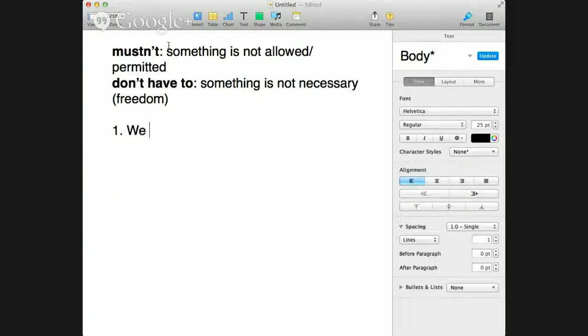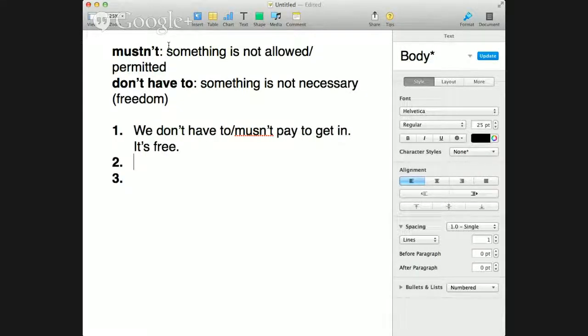Number one. Let's have a little think about them as I'm writing, and I'll ask you in a moment.